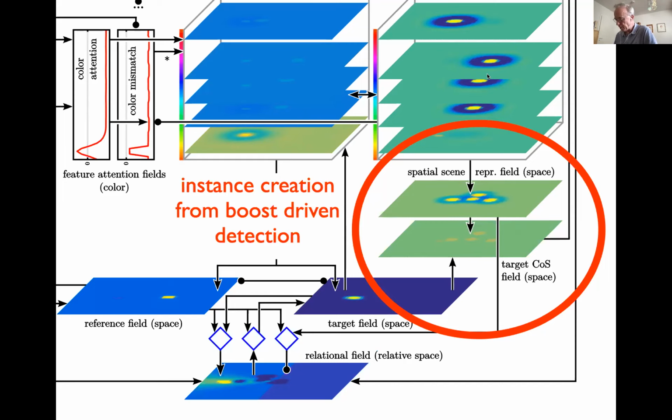And so what happens in the model is that these peaks here are not induced by the sensor input that comes into scene representation, but they're induced by applying the operators here directly to the relational field. For instance, if you say "to the left of," and you have activated, the first object that you mentioned will be just put into the center of the field, but again, a boost will create a peak, and that will be put into the center of the target field, and that will be entered here into the map into the center.